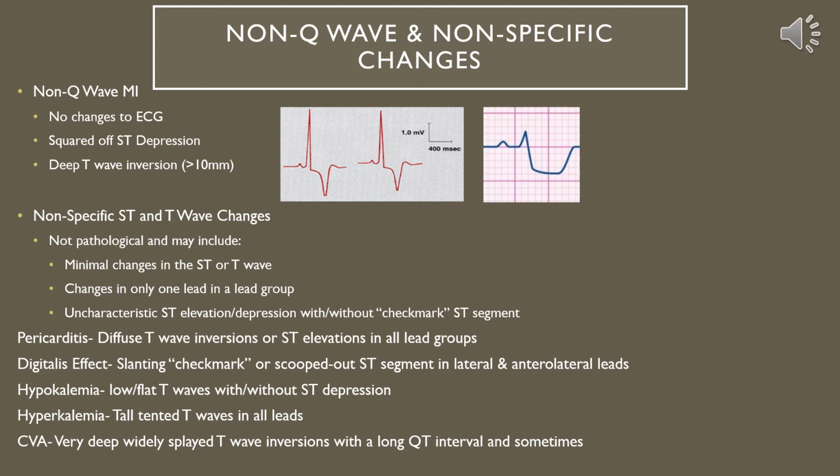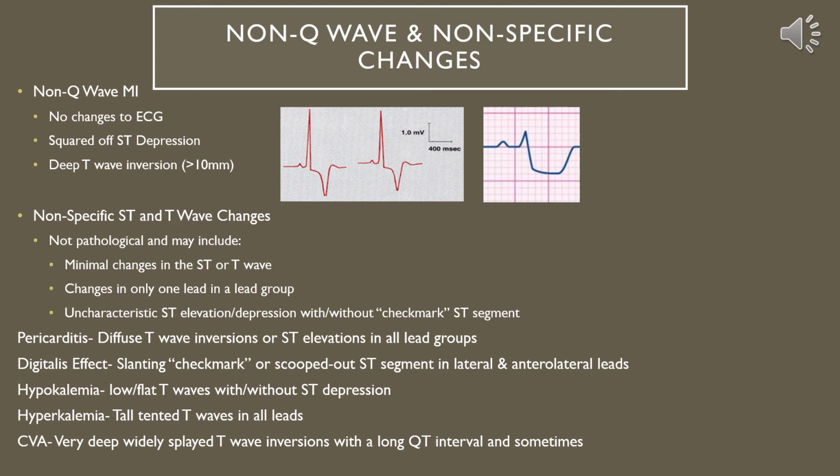Other times we'll see where the patient has a squared off ST depression, as you can see here in the second picture to the right, and then sometimes you'll have very deep T wave inversions. Generally, this T wave inversion should be about 10 millimeters deep, or two of those big boxes when you're looking at the box sizes. So that can be a sign of a non-Q wave MI.